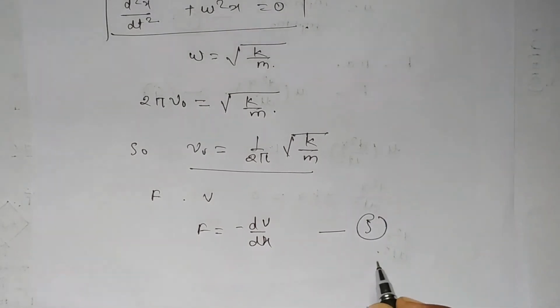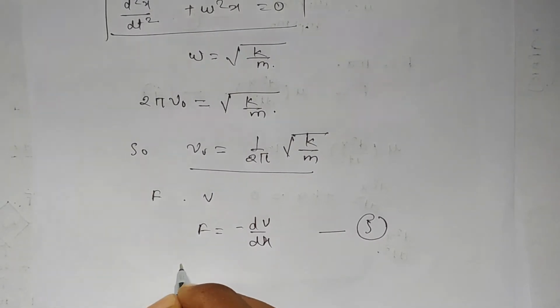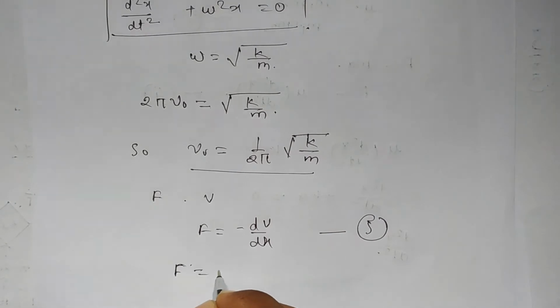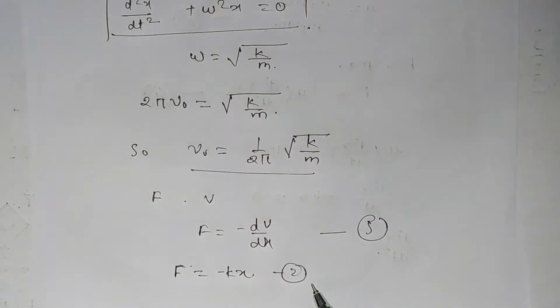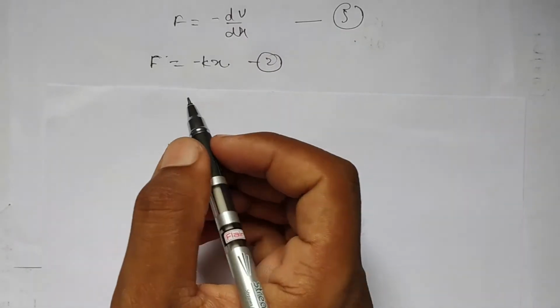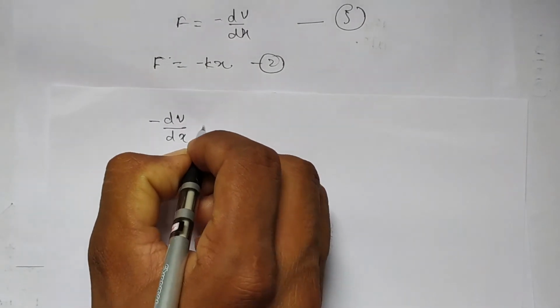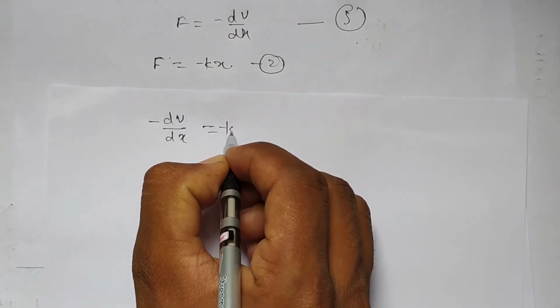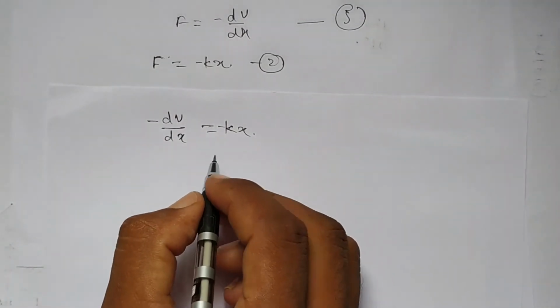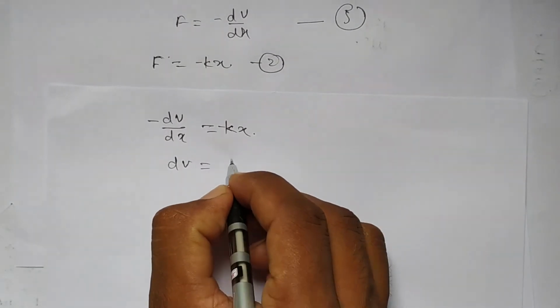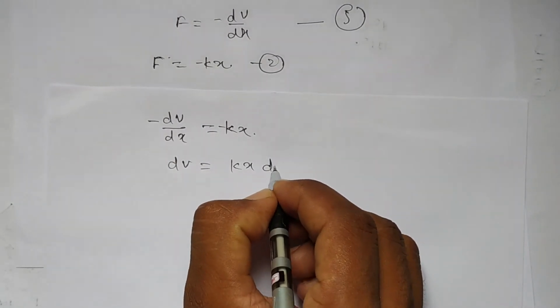So this is equation 5. Now comparing equation 2 and equation 5, equation 2 is F is equal to minus kx. Then we get minus dV upon dx is equal to minus kx, and dV is equal to kx into dx.